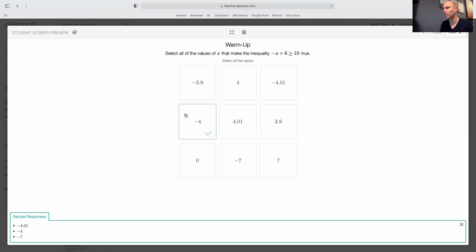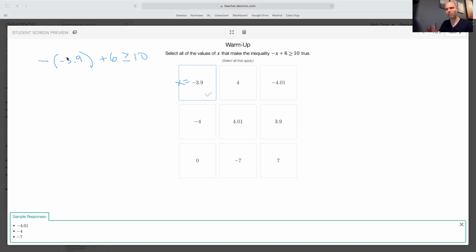So for example, if I wanted to test this very first one where x equals negative 3.9, when I substitute that in for x, I have to think of this double negative situation that's happening here because I have negative x, and so that would be negative negative 3.9 because x is negative 3.9. Plus 6 has to be greater than or equal to 10.